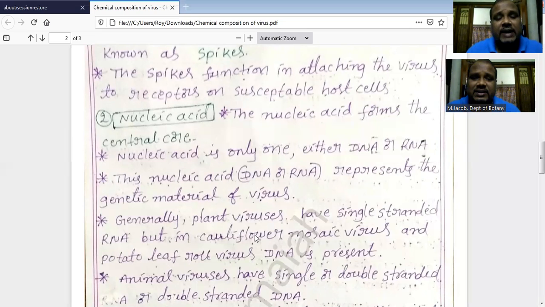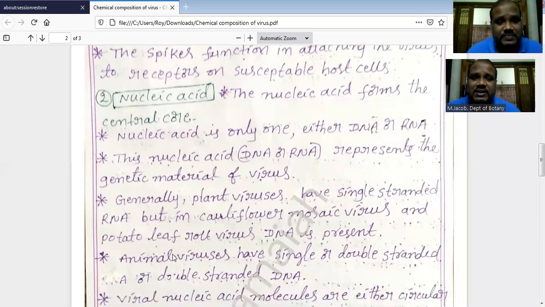But in cauliflower mosaic virus and potato leaf roll virus, DNA is present. Animal viruses have single-stranded or double-stranded RNA or double-stranded DNA.